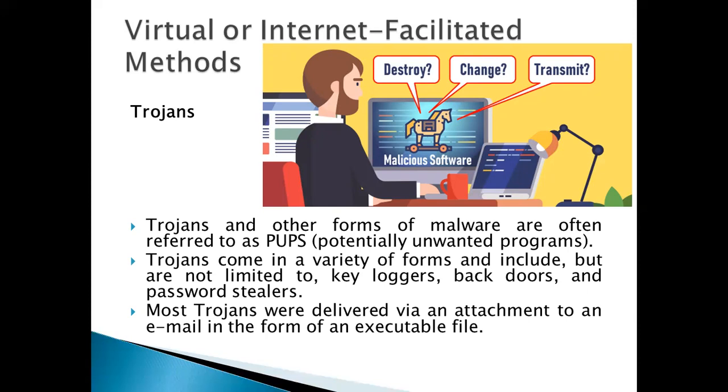Trojans come in a variety of forms. It includes but is not limited to keyloggers, backdoors, and password stealers. Most Trojans were delivered via an attachment to an email in the form of an exe file. As most of you have received these trojans, everything will be in the form of an exe file.